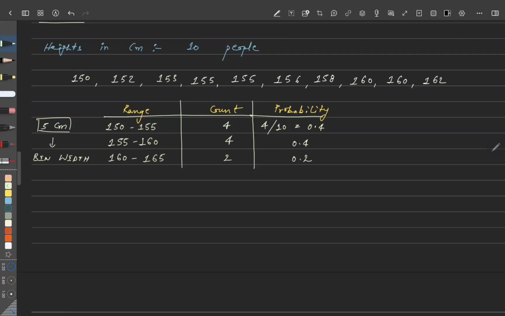So that is your bin width, 5 centimeter here. To convert the histogram into a PDF, we divide the probability by bin width, because a PDF must describe probability per unit length. Because height is a continuous variable.